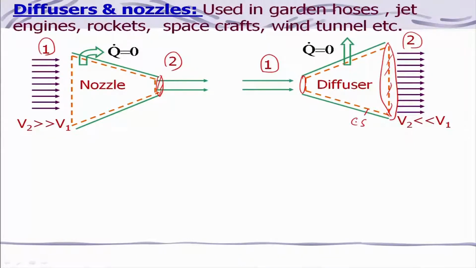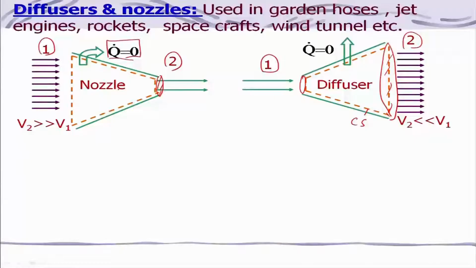Already we have made one assumption, that the heat transfer during this process, when the fluid is moving through the nozzle, is 0. Why? Because the velocity will be very high, and so the residence time will be very low for heat transfer to take place.